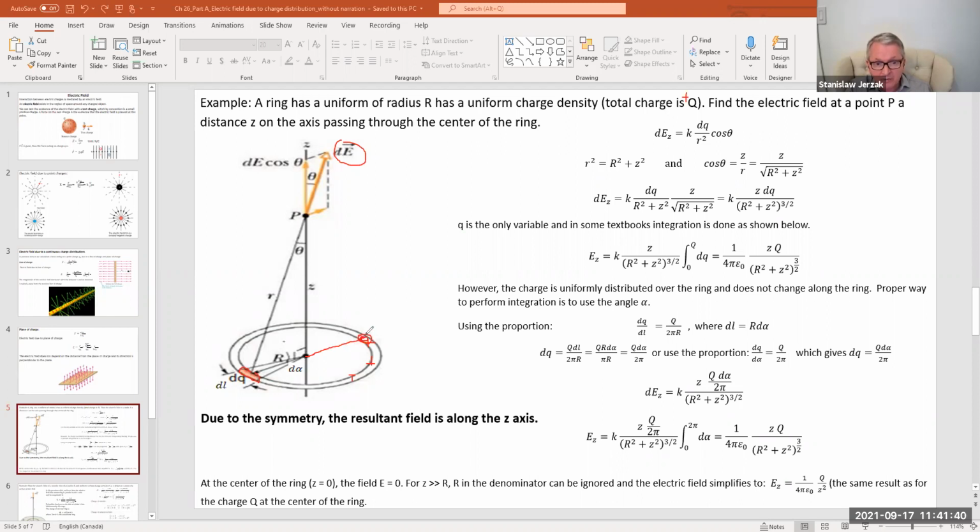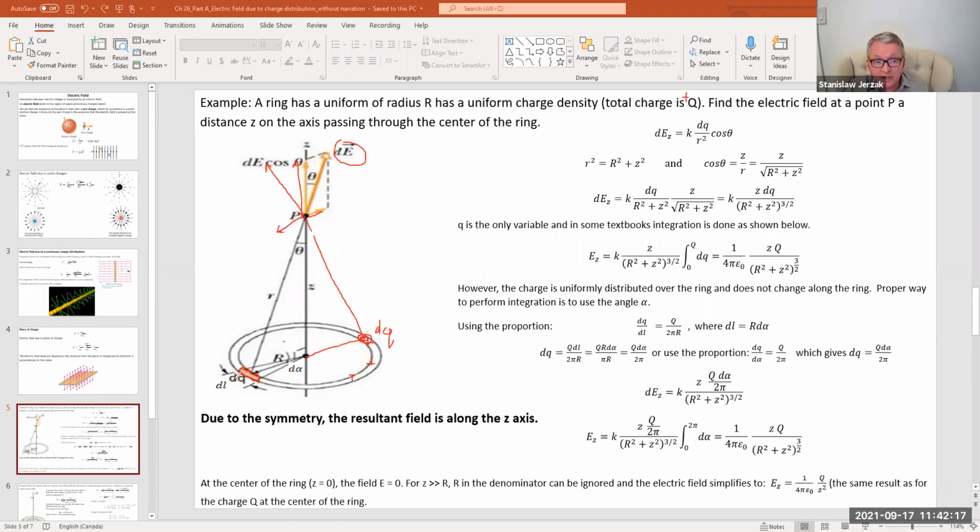That element would produce an electric field along the line connecting this charge dq to point P, more or less in this direction. And I can decompose that electric field into a component perpendicular to the Z axis and a component parallel to the Z axis, like I did with this electric field.